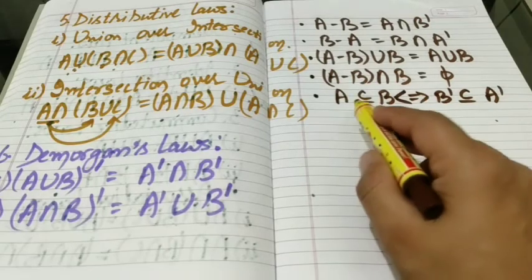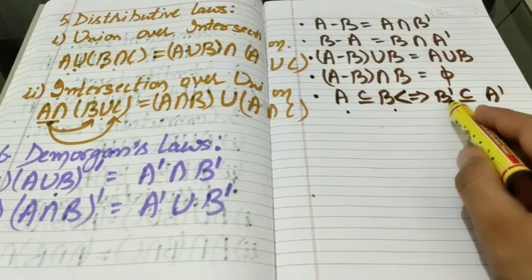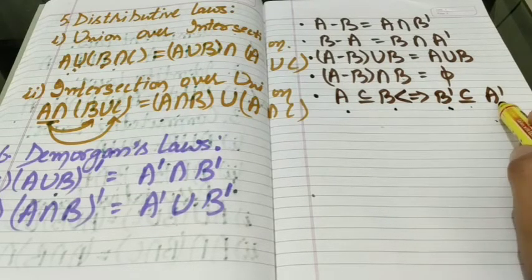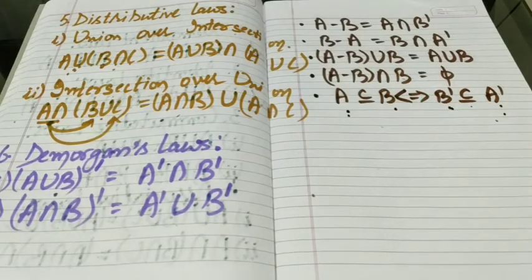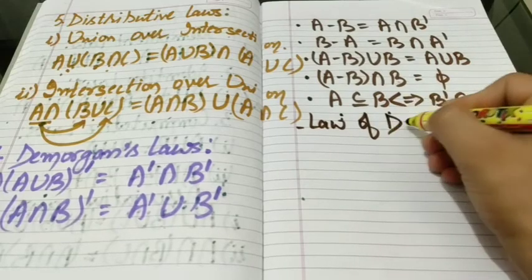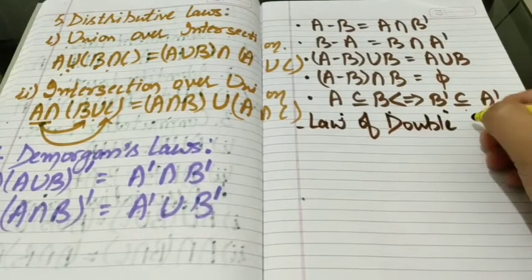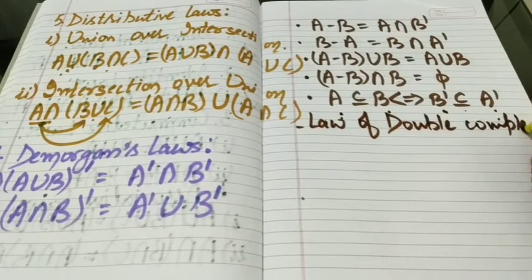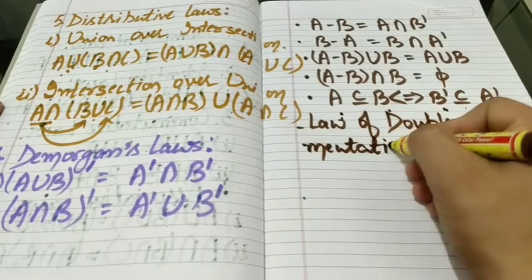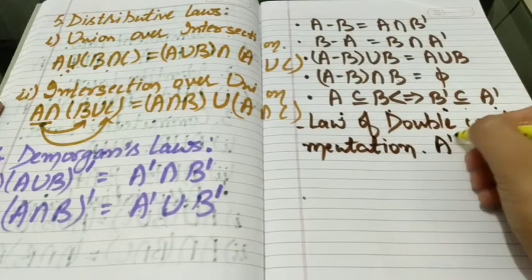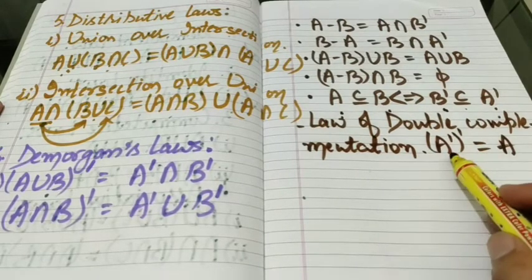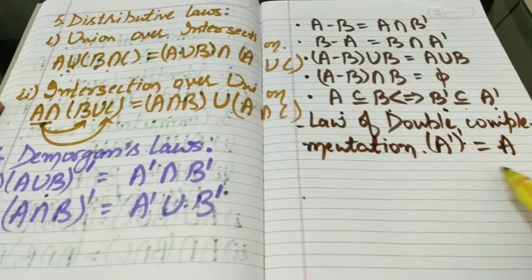Means A is a subset of B implies B complement is a subset of A complement, and B complement subset of A complement implies A is a subset of B. Then we have the law of double complementation, which states that the complement of A complement equals set A. Means if we take the double complement of any set, we get that set only.